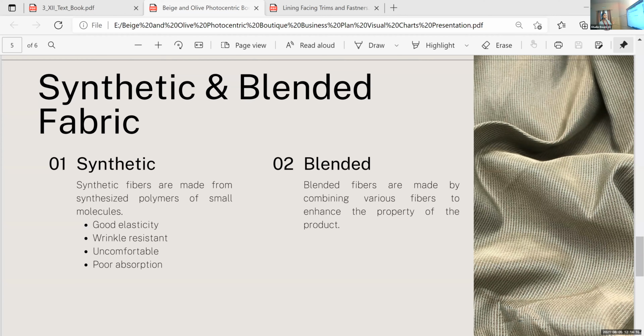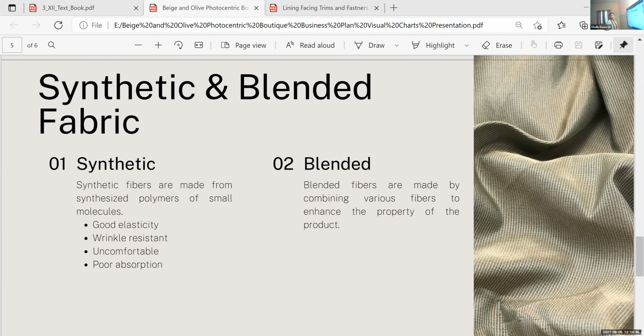It has poor moisture absorption, and because of that it is really uncomfortable to wear polyester or man-made or synthetic fibers during the summer season. Poor absorption, so those two are linked. But good elasticity and wrinkle resistance are two characteristics which were not there with natural fibers and fabrics, right?